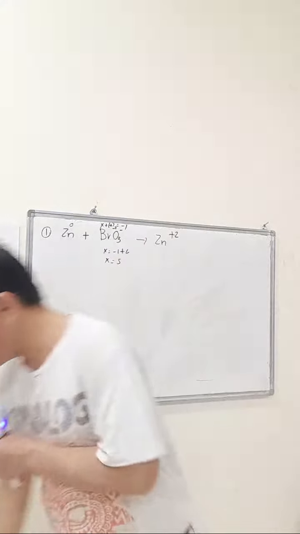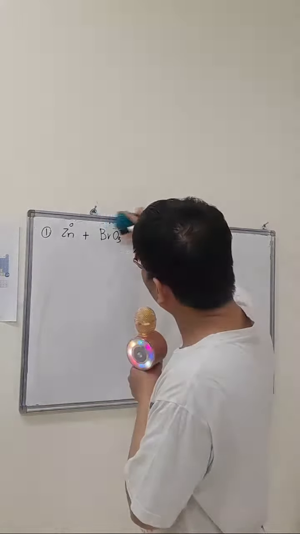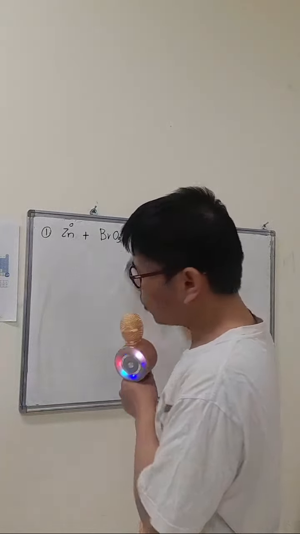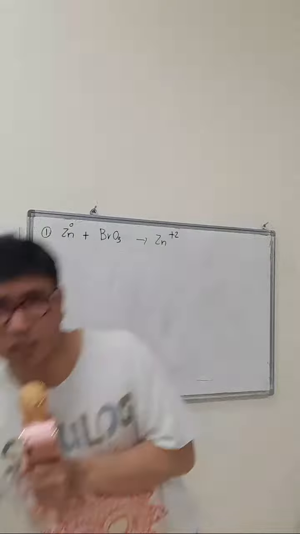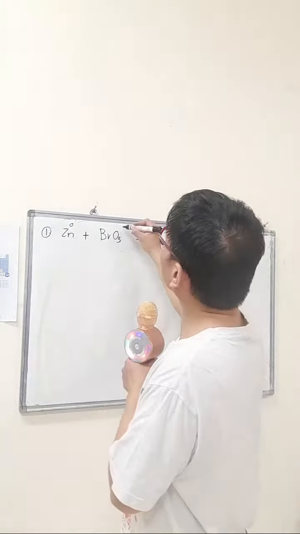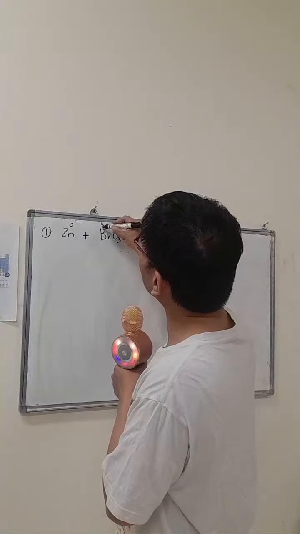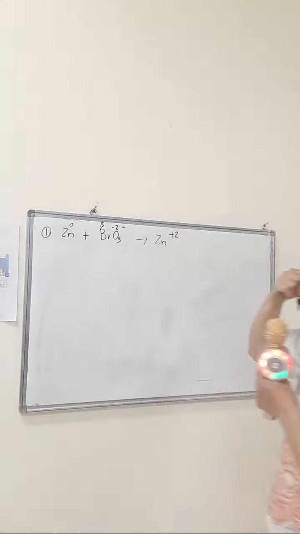So the bromate oxidation state is +5. So in this topic, guys, you need to master how to compute the oxidation state and oxidation number. Okay, this is +5. It's easy now to detect.